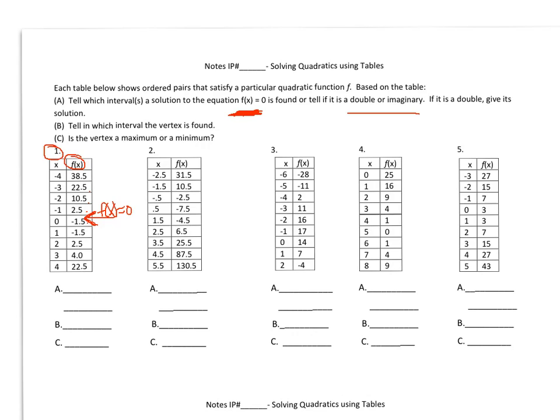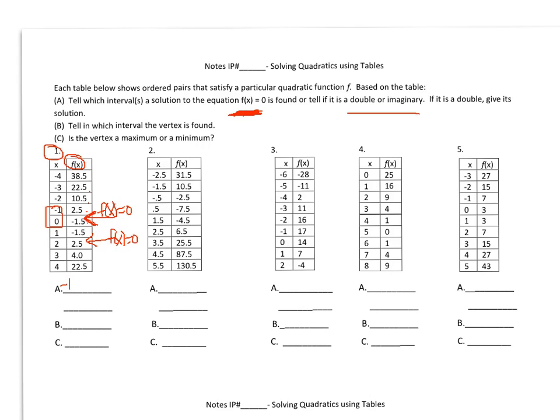Okay, so then we have a negative 1.5, then we go positive 2.5 again. So we have our second 0 right in between there. So the second f of x equals 0 is in between those 2 points. Okay, so how are we going to write that? Well, it's a between statement, so we're going to say, okay, it's where x is between negative 1 and 0. So let's write that.